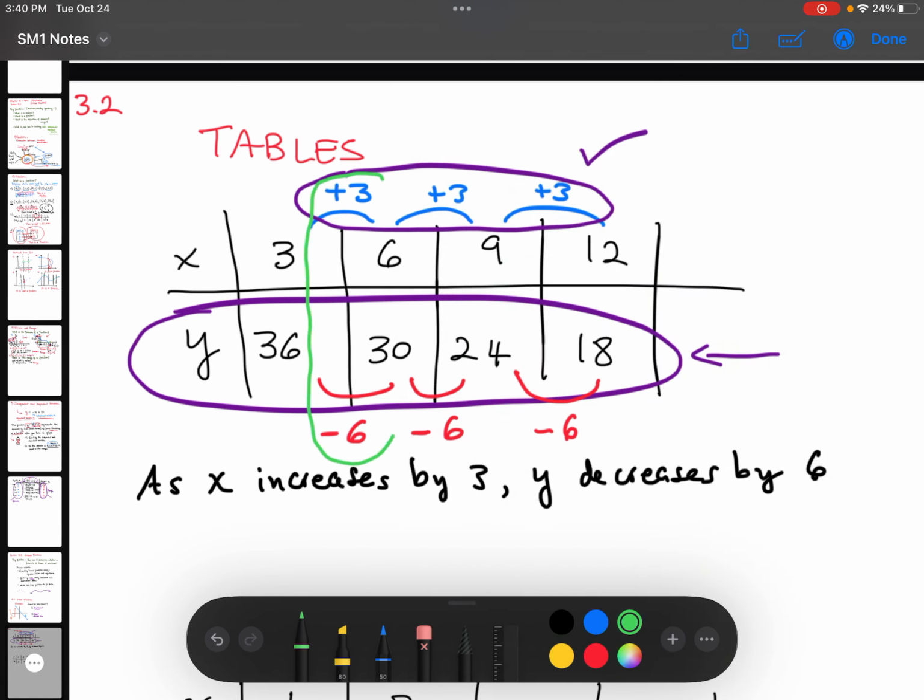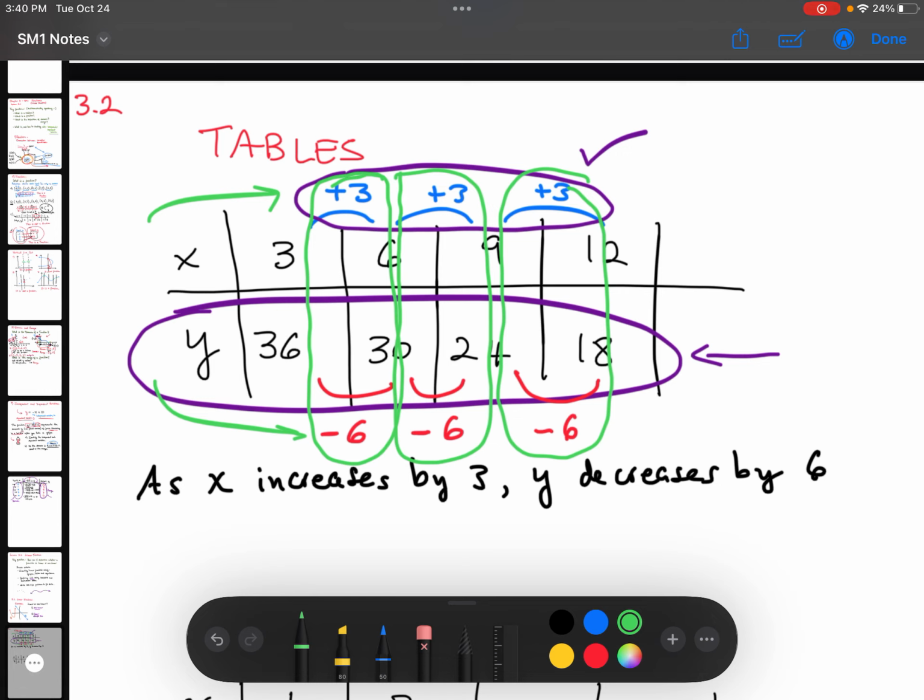Look at this. I want you to start identifying this. Can you see there is a connection here between how the x changes and how the y changes? There's always, in this case, a connection of negative 6 plus 3, negative 6 plus 3, negative 6 plus 3. In this case, we say that the rate of change is constant.